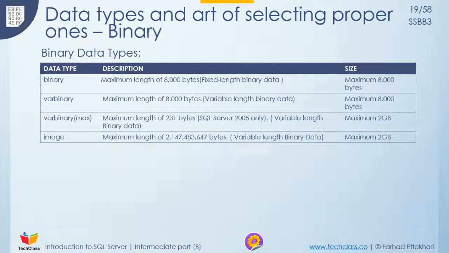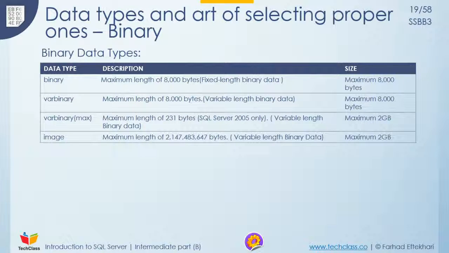And here is the binary data types category, which has binary, varbinary max, and image. Your database can also store files and binary files inside of it, which is not a very logical thing to do, because most of the time the space of your database is much more valuable than the space of your web hosting.